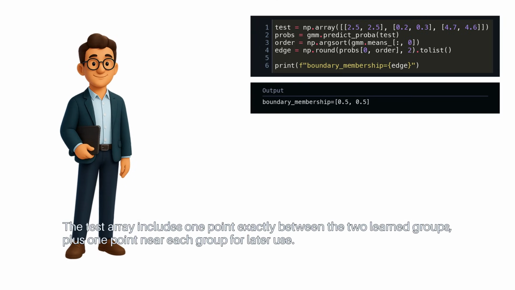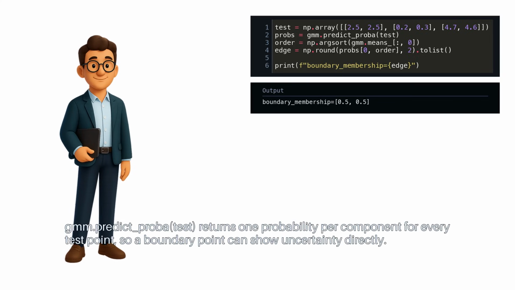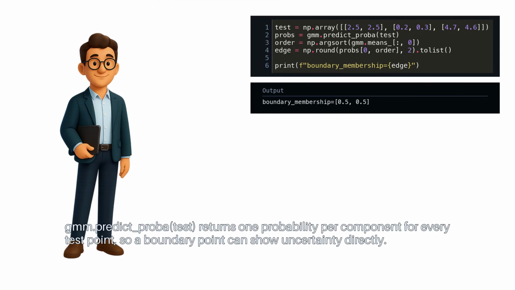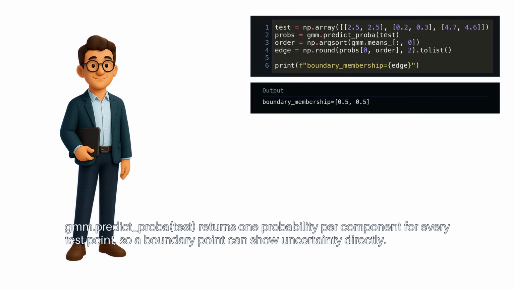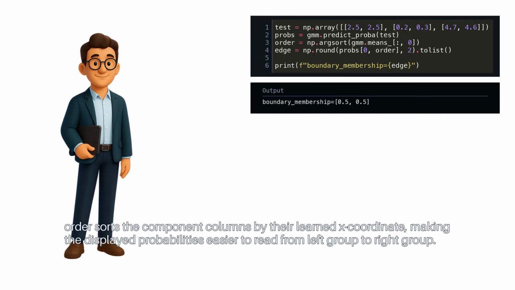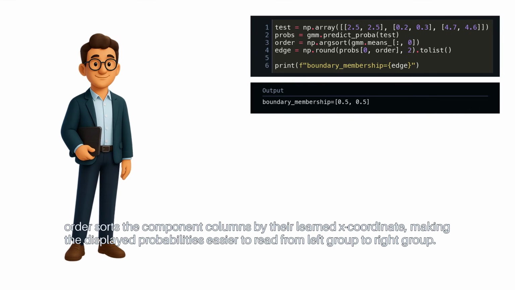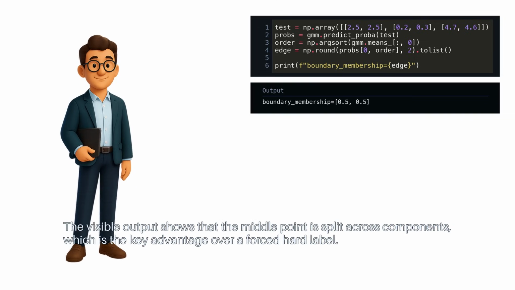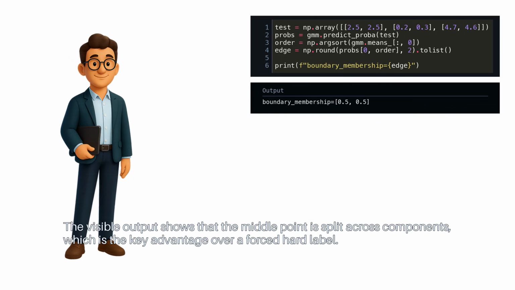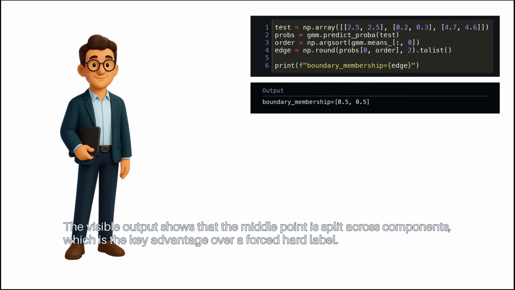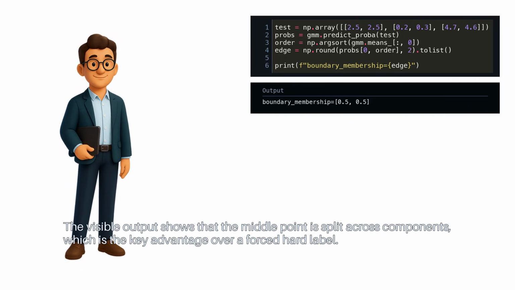The test array includes 1 point exactly between the 2 learned groups, plus 1 point near each group for later use. gmm.predict_proba(test) returns 1 probability per component for every test point, so a boundary point can show uncertainty directly. order sorts the component columns by their learned X coordinate, making the displayed probabilities easier to read from left group to right group. The visible output shows that the middle point is split across components, which is the key advantage over a forced hard label.